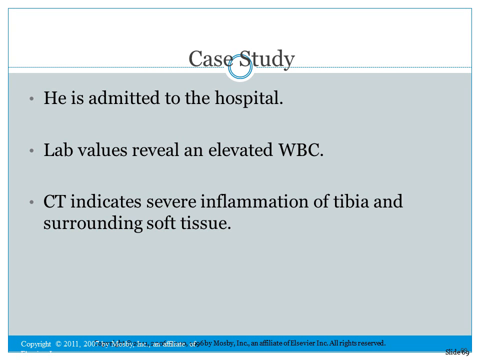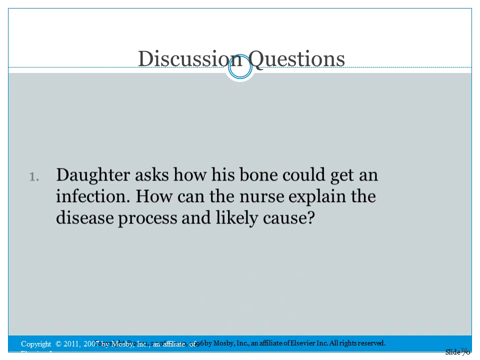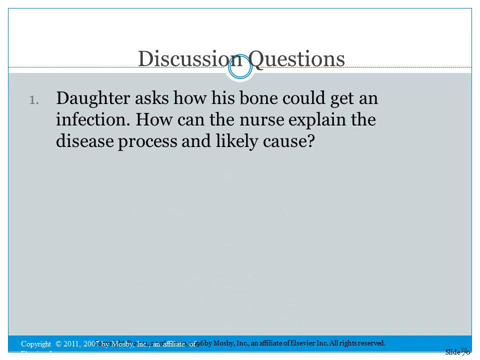The gentleman is admitted to the hospital, and his lab values, not remarkably so, indicate an elevated white blood cell count, and a CAT scan of the leg indicates severe inflammation of the tibia and the surrounding soft tissue. So, the daughter wants to know how her dad's bone could get an infection.